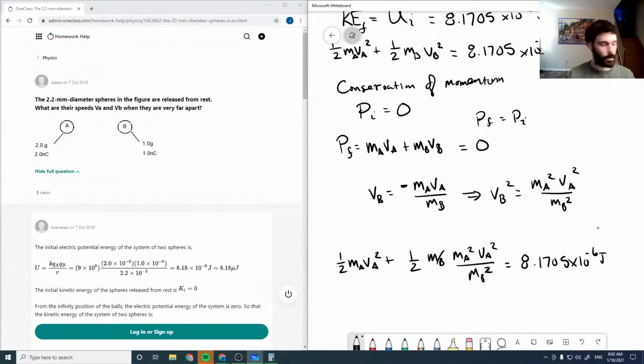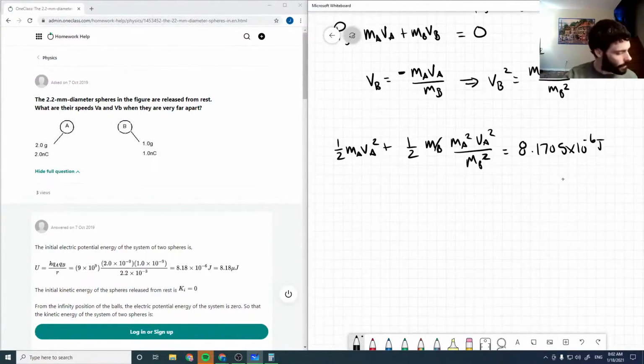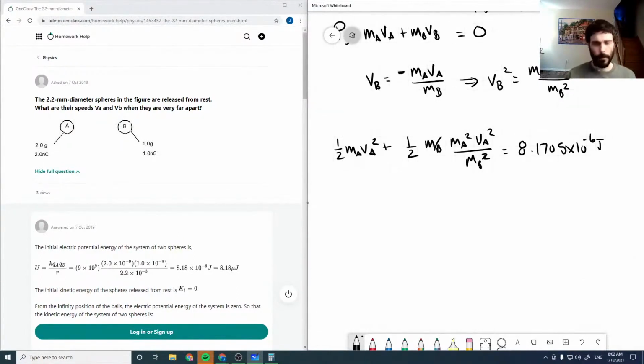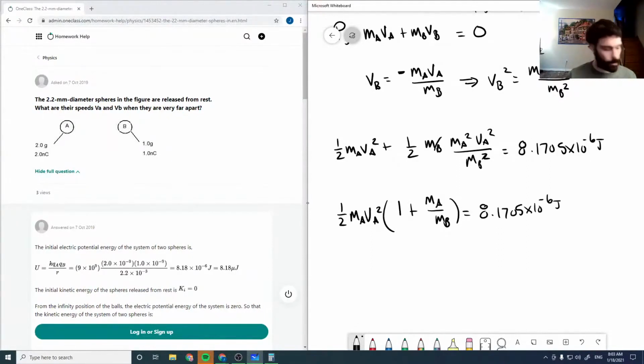So we can cancel one of these mBs and say that 1/2 mA vA squared times (1 plus mA over mB) is equal to 8.1705 times 10 to the minus 6 joules.